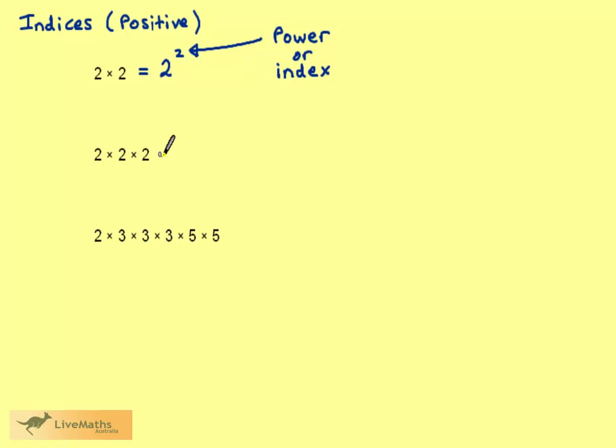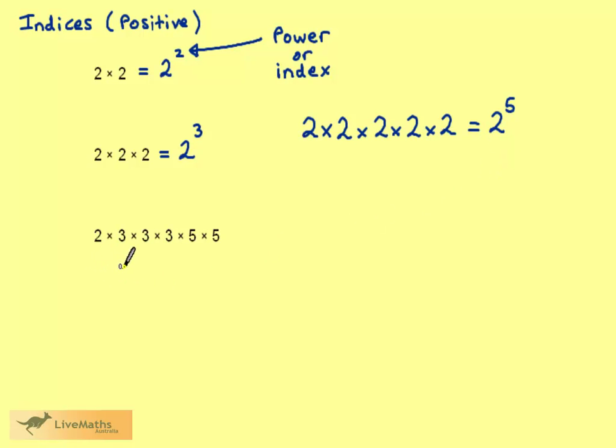2 times 2 times 2 is 2 cubed, 2 to the power 3. If we had 5 2's in a row, 2 times 2 times 2 times 2 times 2, this could be written as 2 to the power 5.